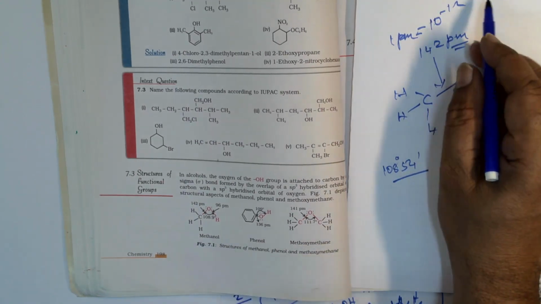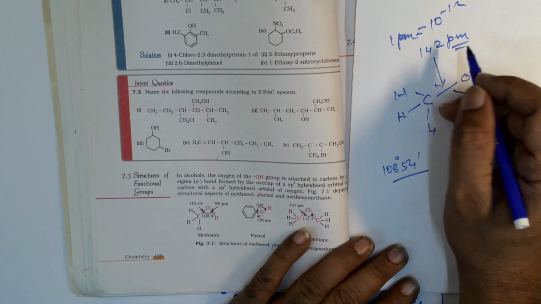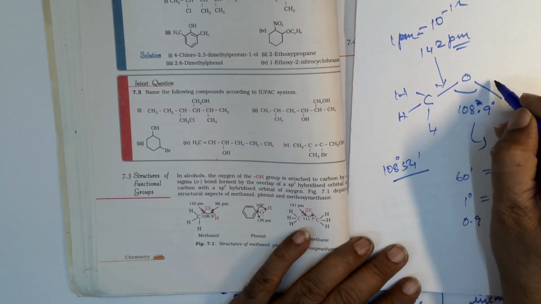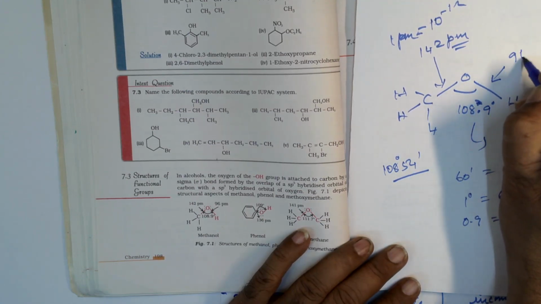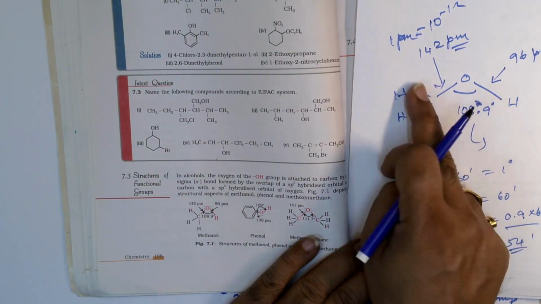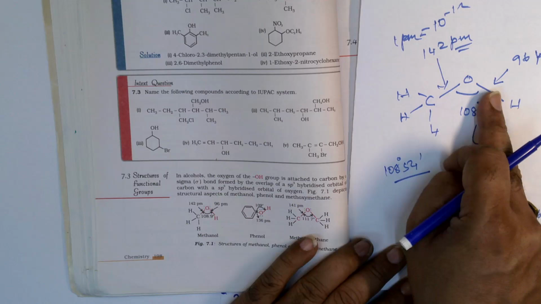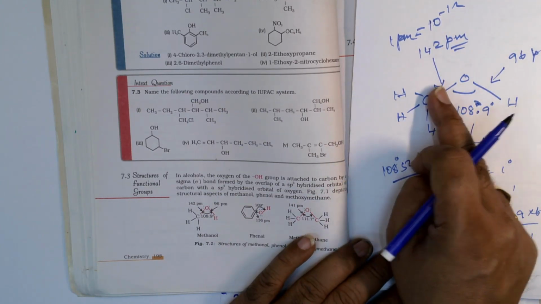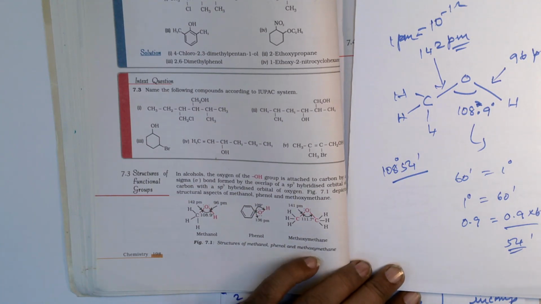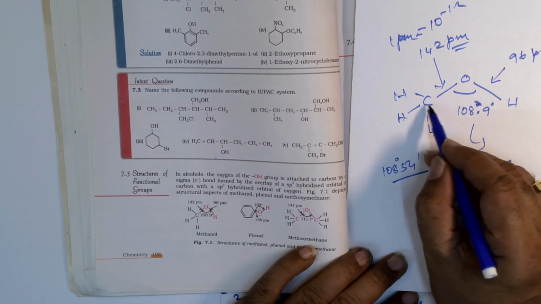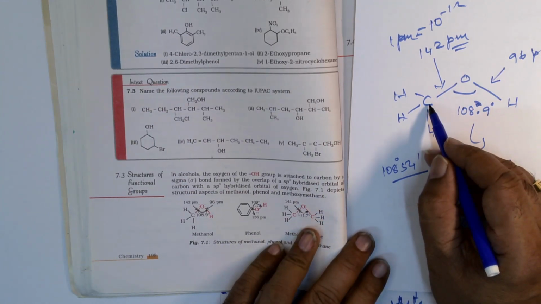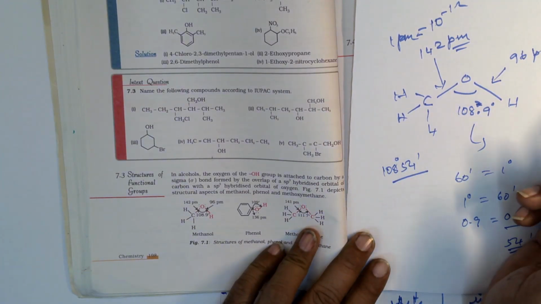So that is the bond distance, and the O-H bond distance is 96 picometer. So there is a difference in the bond distances: this is 142, this is 96. Moreover, this carbon is sp3 hybridized.